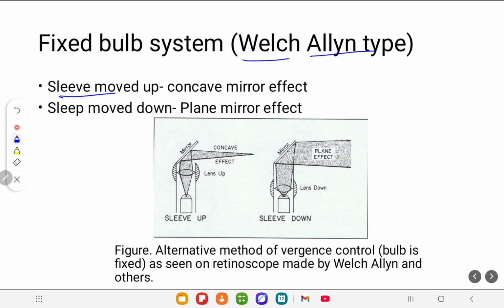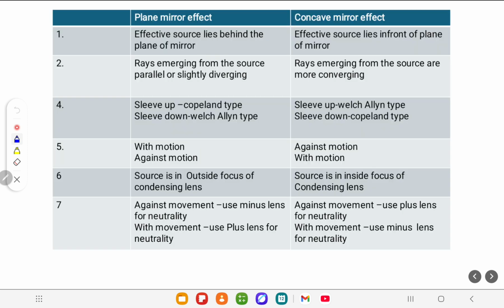Just remember, it's not about which is moving, whether the bulb is moving or the lens is moving. It doesn't matter. What matters is the distance. Whenever it is in focus or just shorter than focus, it is plane mirror effect. Whenever the distance is large, it's concave mirror effect. It's the same thing.